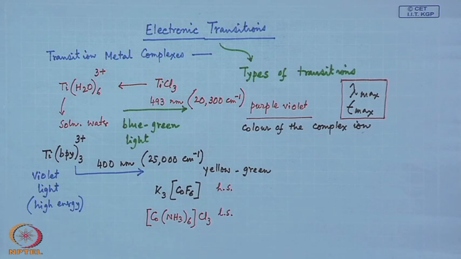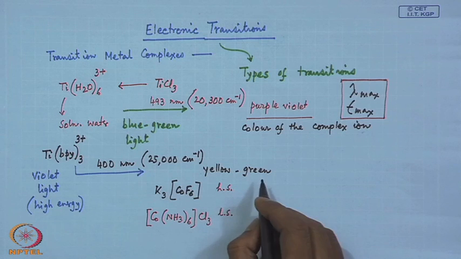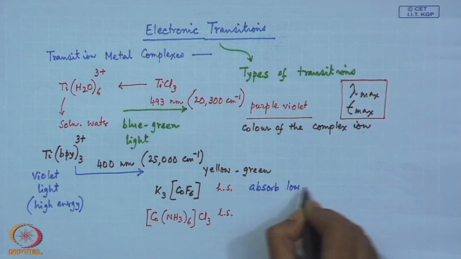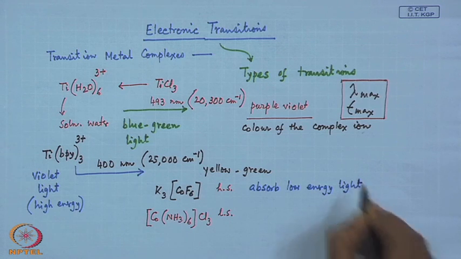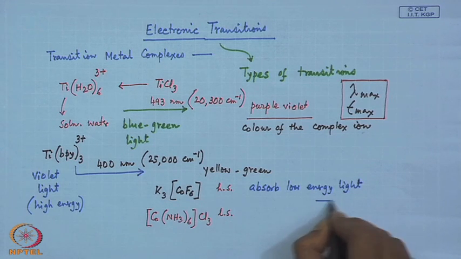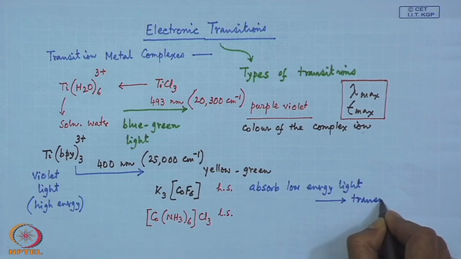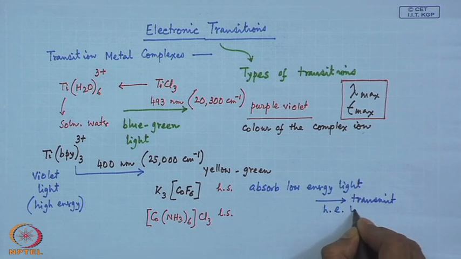So, electronic transitions will take place at different wavelengths. In this particular case, since it is high spin in nature, it will absorb low energy light and therefore transmit the corresponding high energy light.